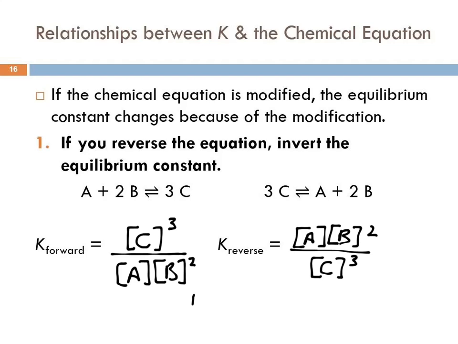So K reverse equals 1 over K forward. You see that? We take this and turn it upside down, putting the denominator on top and the numerator on the bottom, and that's the equilibrium expression for the reverse reaction, the equation written backwards, okay?